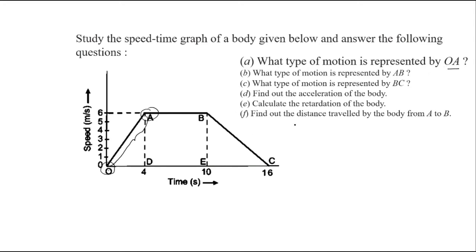Right now, if you clearly observe, on the y-axis you can take this as speed, otherwise velocity, because as I said, both are the same in this context, since we have to consider that a body is moving in a straight line. And what about this side, on the x-axis? It is time.